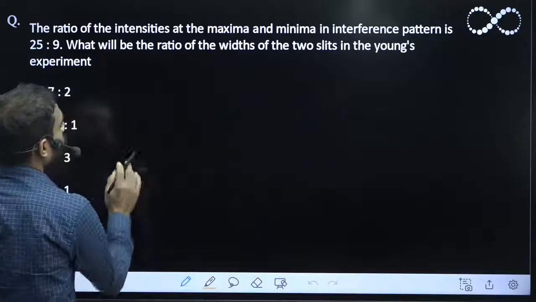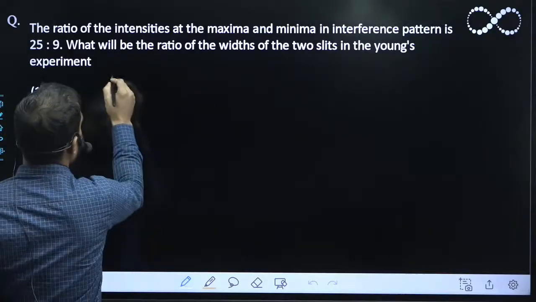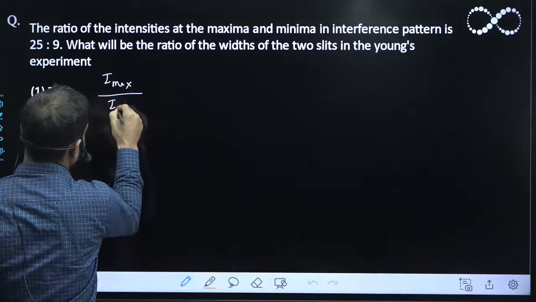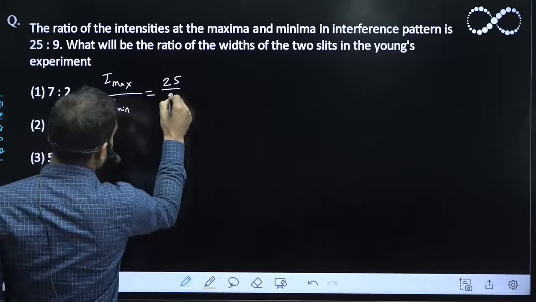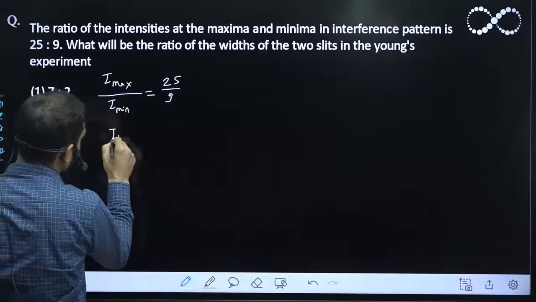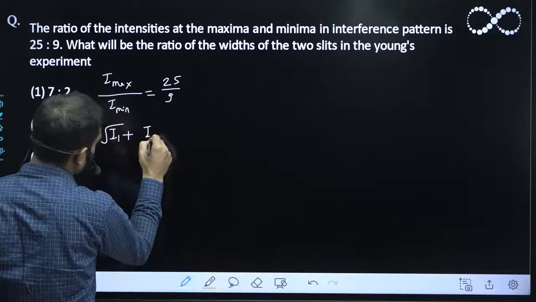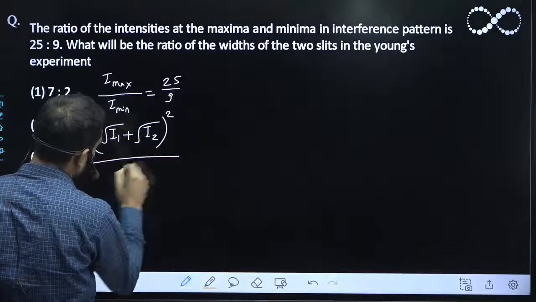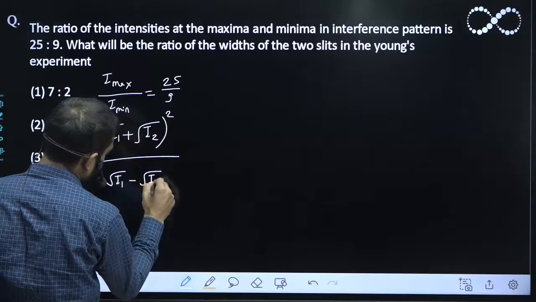Okay, so as you all know, it is saying the ratio of intensity I max upon I min is equal to, given, 25 is to 9. So I max will be equal to, suppose the intensity is I1 and I2, (root I1 plus root I2) square divided by (root I1 minus root I2) square.